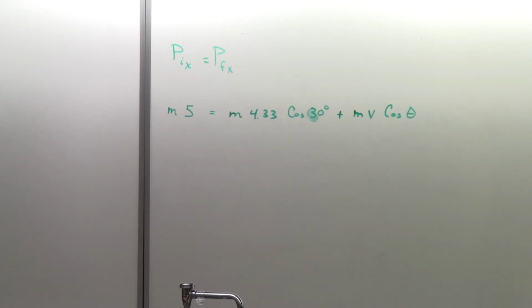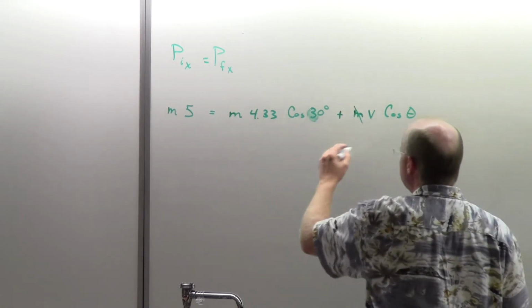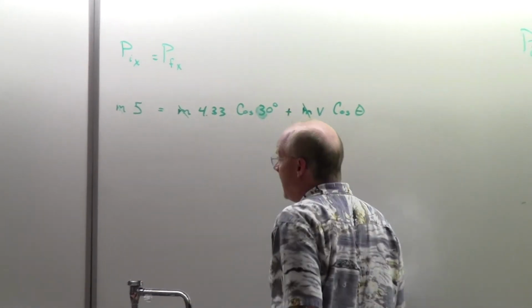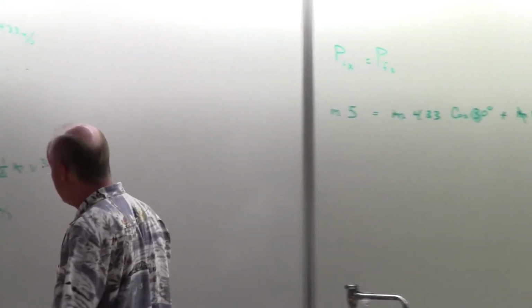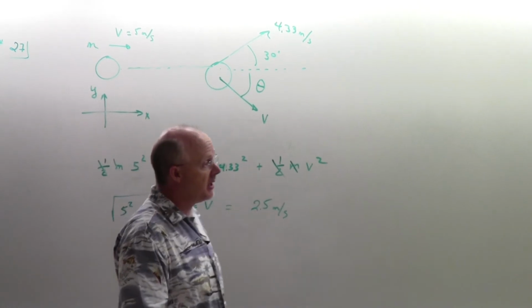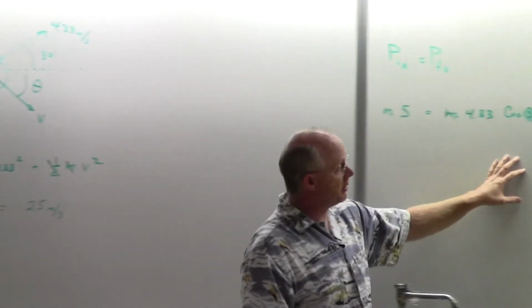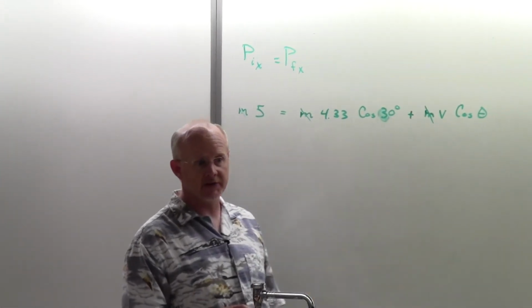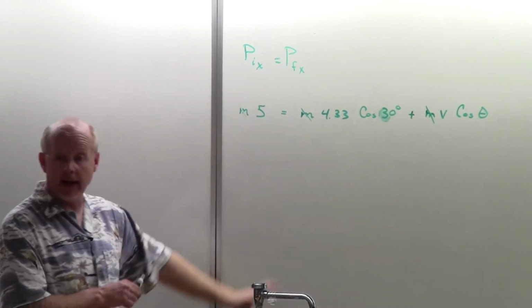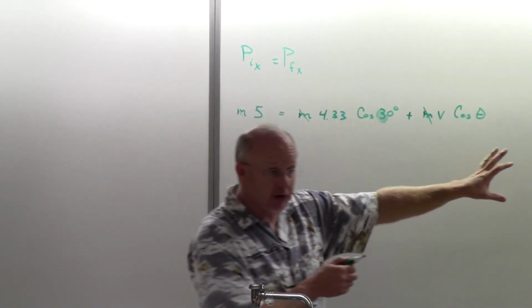Now looking at this one again, the m's would cancel off. And if you'd already done this step here, knowing what the v is, then you only have the unknown theta, and we can solve this for theta. And I will in a second, but let's write out this one too.